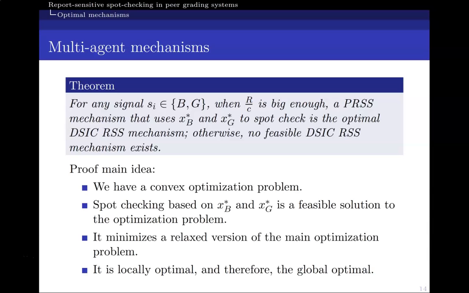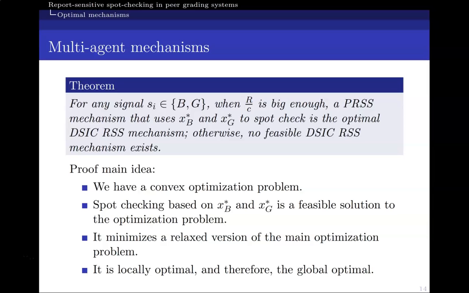The intuition behind this is that first we show we have a convex optimization problem, then we show that the PRSS mechanism that we just defined is a feasible solution to this optimization problem. Then we show that this proposed solution actually optimizes a relaxed version of this optimization problem.